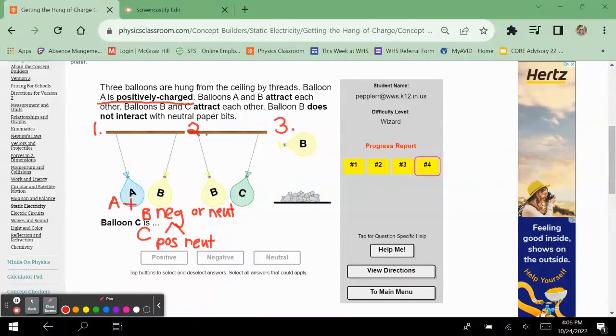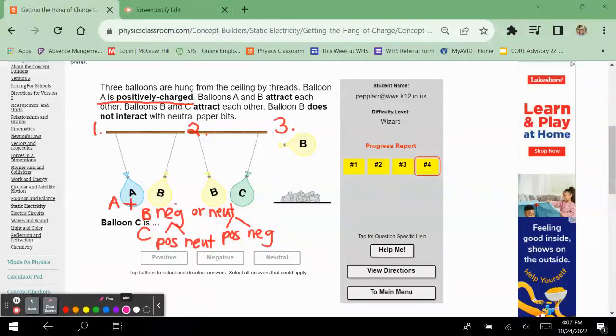If B was neutral, that means that C, since it's attracting, could be positive or negative. Okay, so these are my options for B, and these are my options now for C, based on if B was negative or neutral.